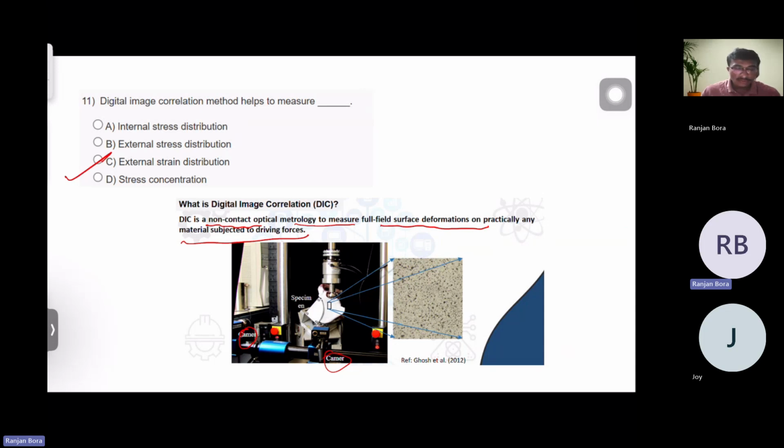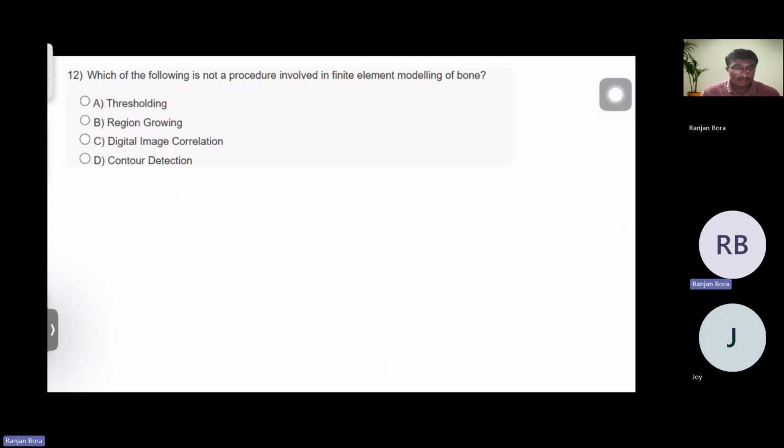Next question is, which of the following is not a procedure involved in finite element modeling of bone? Here, four options are given. Thresholding and region growing are methods used while segmenting the STL images from the CT scan data.